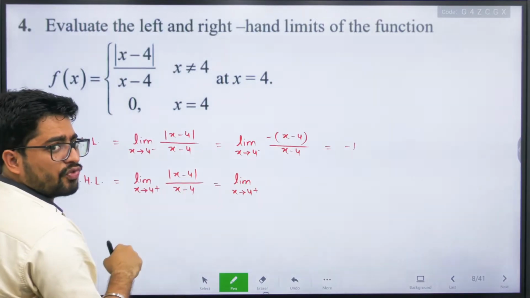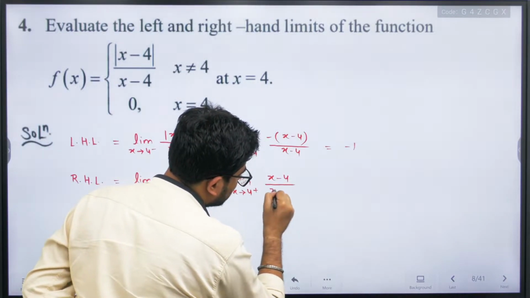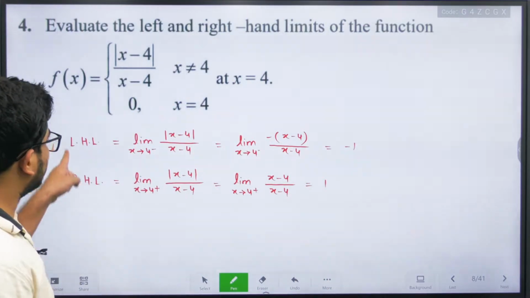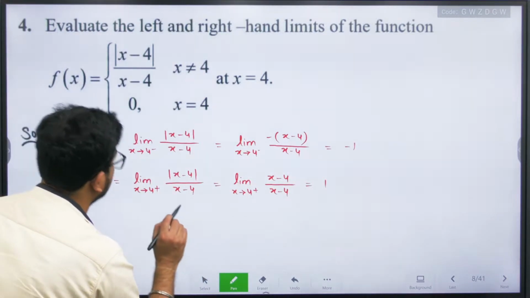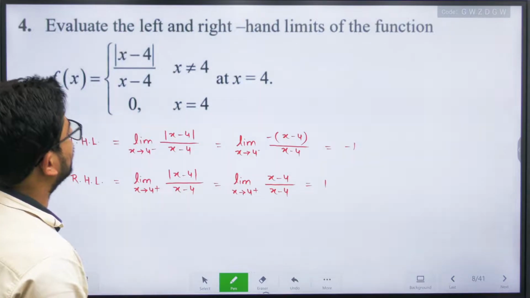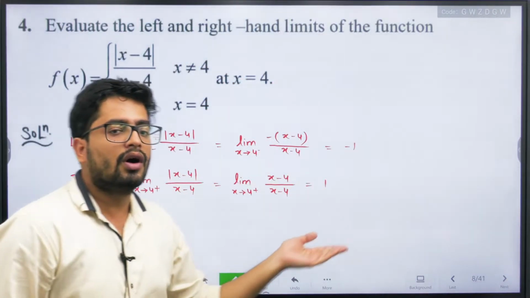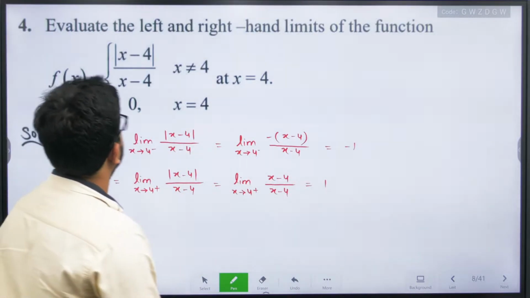Now mod x minus 4 opens with a positive sign, so this is x minus 4 upon x minus 4, and this thing is 1. So the left hand limit is minus 1, the right hand limit is 1. Both are not equal to each other. Here you have to find the left hand and right hand limit, so minus 1 and 1. If you have to find the limit, then the limit does not exist here. So that's the final one.